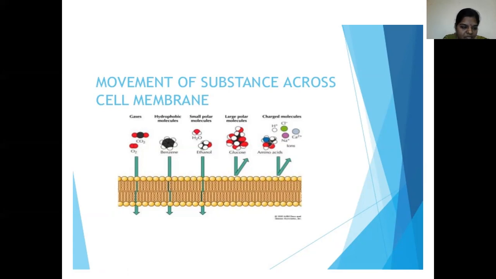You can modify them by adding a salt form or by increasing the solubility of the particular drug. Then you can achieve faster absorption. Then charged molecules also, like amino acids, the absorption is very low. So here I have explained three to four components of how absorption through the cell membrane takes place.